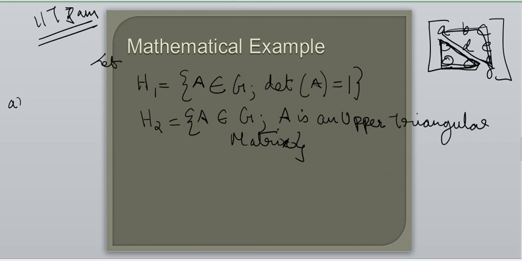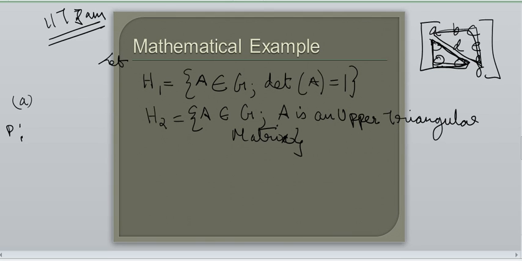The first condition is P: H1 is a normal subgroup. That's the first one.